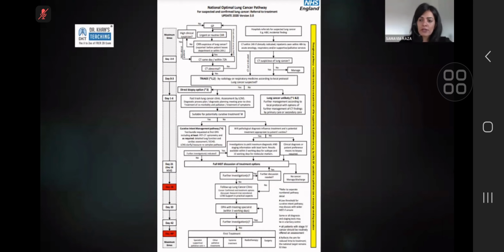We need tissue diagnosis to determine not only the likelihood of response to treatment, but also to confirm the staging. So ideally, you should biopsy a site that would upstage the disease.